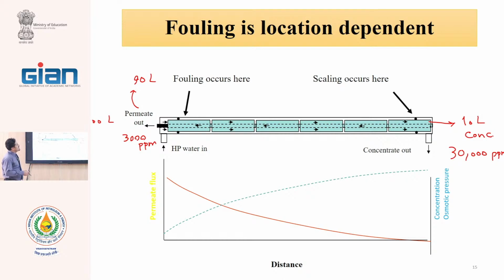Therefore, the fouling is related to the location, and in industry, in annual repair, usually they change the location of these modules. Give this one, for example, use it as a 2-1. Change the location of the membranes for long life.